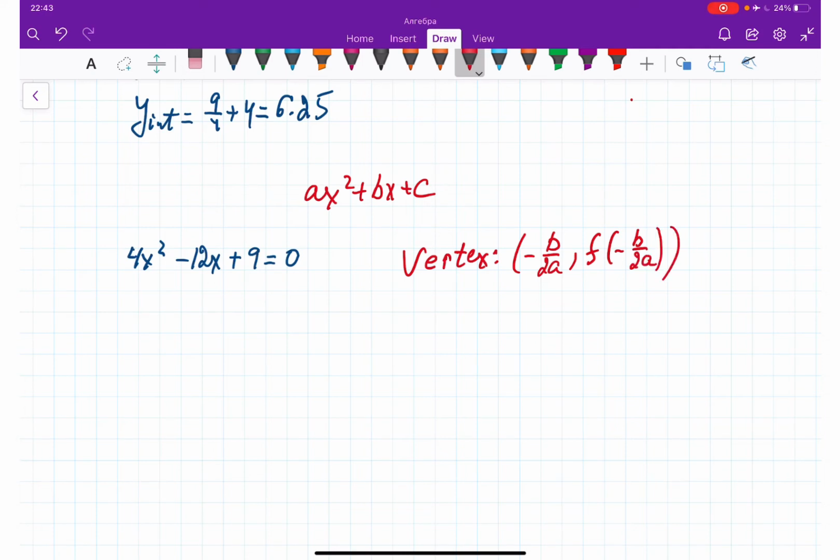This is nothing scary, I'll just do it, you will see. This is x, this is y. So for this case, we always want to write down how much a, b, and c are. My a is 4.